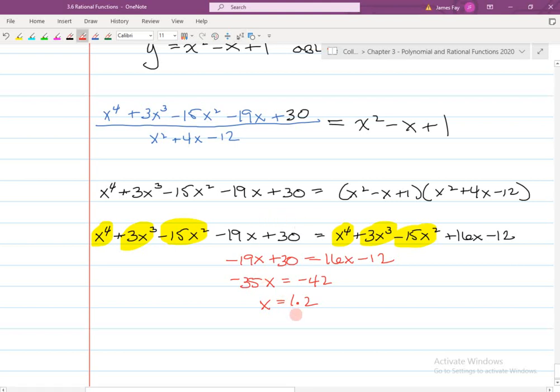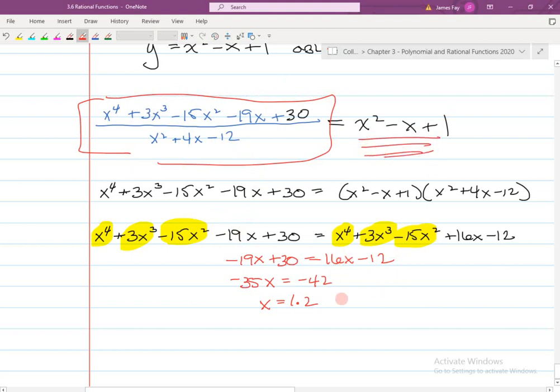So if I want to find out the exact location, I can either plug that 1.2 into the left-hand side right there, or I can plug it into the right-hand side. Which one would be more convenient? The right-hand side. So I'll plug it into the actual asymptote, and when I do that, it gives you y to be 1.24. So you cross at that location, 1.2, 1.24.